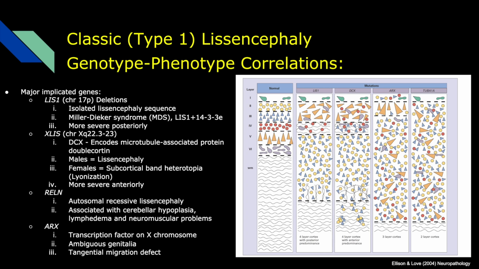In males, it leads to ambiguous genitalia because of their small size, making them hard to identify at birth. Again, it's a disorder that's thought to affect tangential migration rather than solely affect radial migration. So that's another reason why it's unique and interesting.